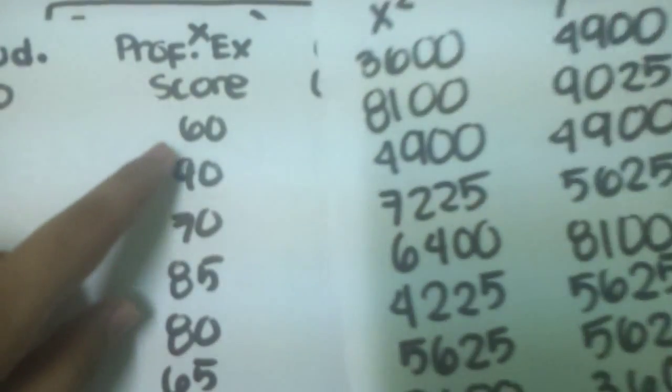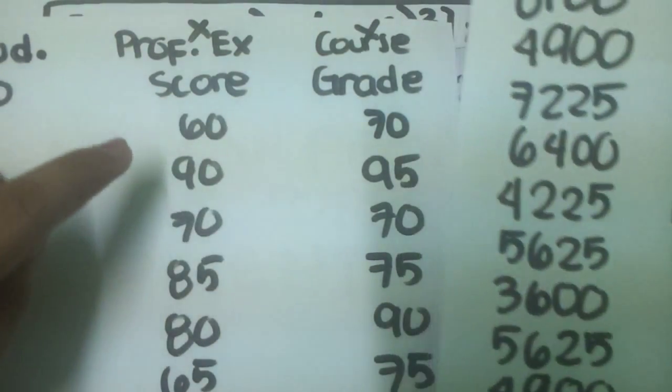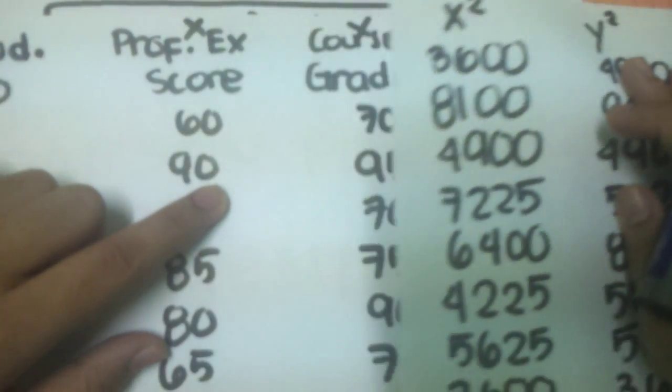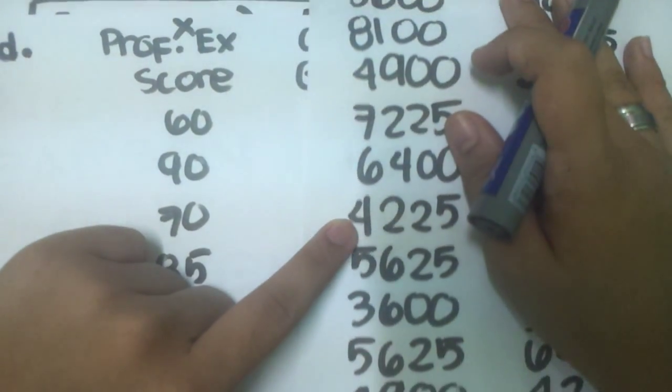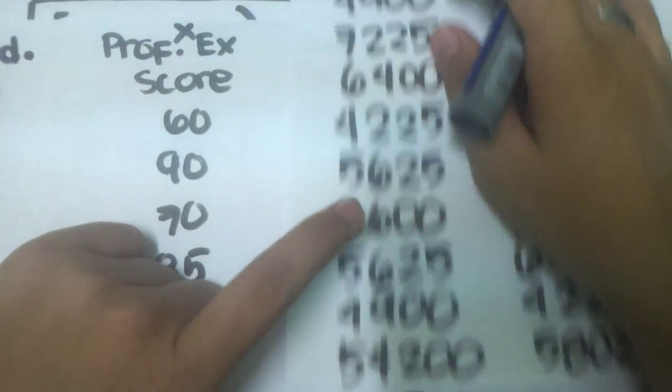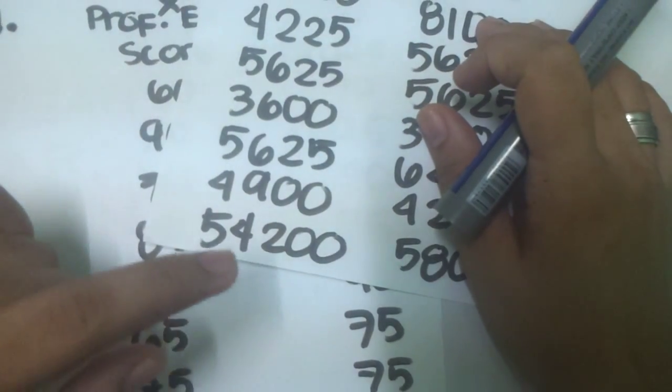So doing the same thing to student 2 to 10, we get the value of X squared. So summing it all, we get 54,200. So we have the value for summation of X squared.